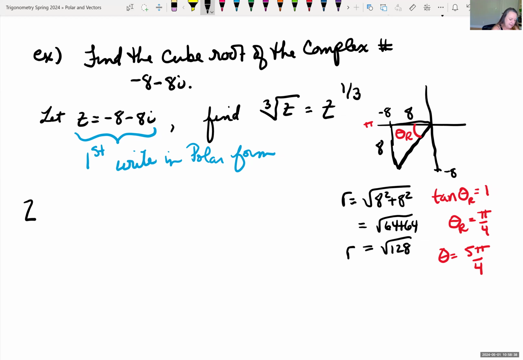So we know z to the 1/3 power is equal to r. Maybe we should just keep it as 128 to the 1/2 power.